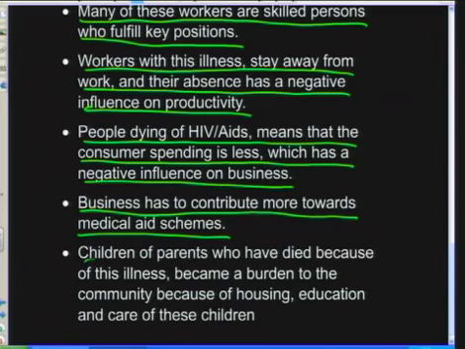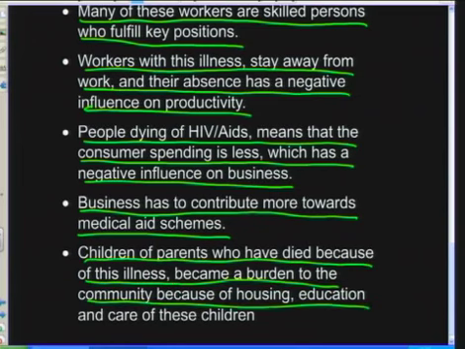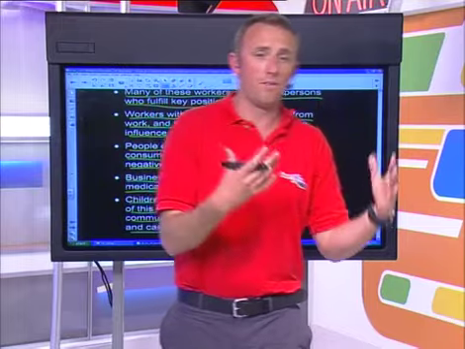Right? And children of parents who have died because of this illness become a burden to the community because of housing, education, and care of these children. Right? So these children who are now orphans, right, that means the community must look after them, the community's got to house them, they've got to feed them, right? They're not going to get a proper education.